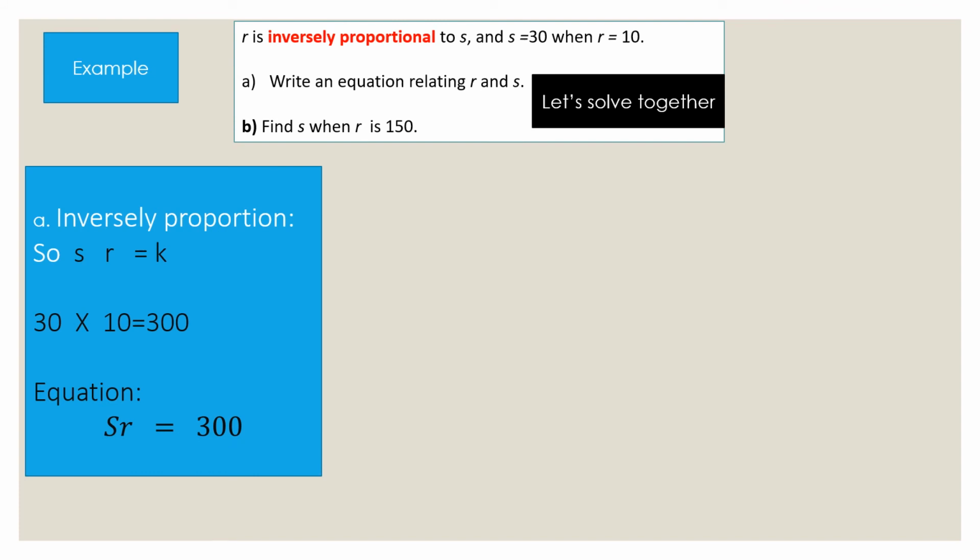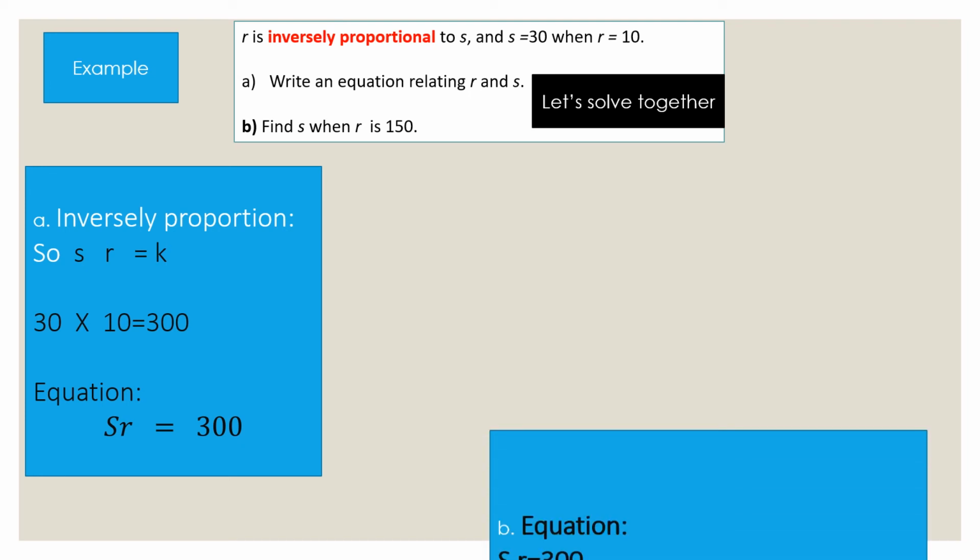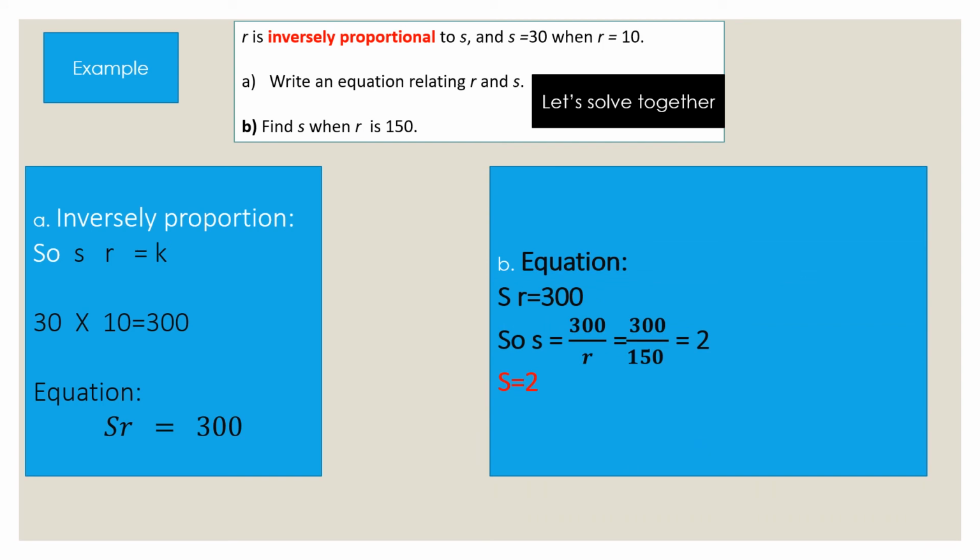So sr is equal to 300. That's my equation. Now let's find s. When I say find s, it means that s is the subject. So s equals 300 divided by r, our inverse operation, so 300 divided by 150, and the answer is 2.